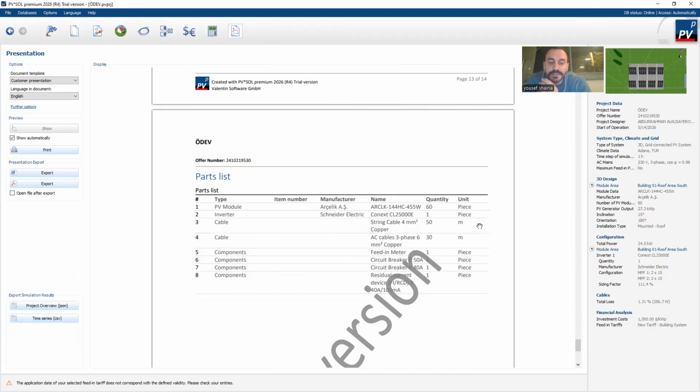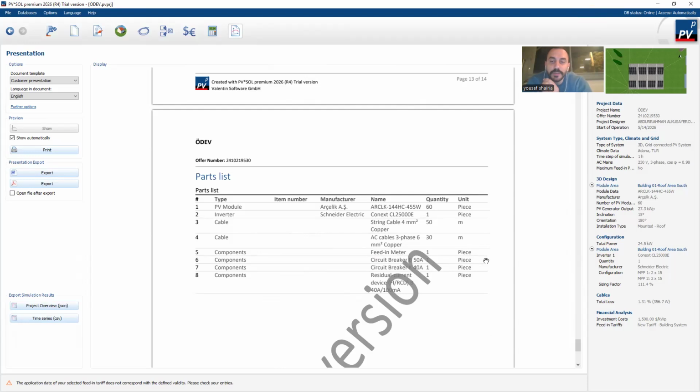This includes 60 PV modules, one Schneider inverter, 50 meters of DC string cable, 4 millimeters squared copper, 30 meters of AC three-phase cable, 6 millimeters squared, a feed-in meter, circuit breakers of 50 ampere and 40 ampere, and a residual current device rated at 40 ampere with 10 milliampere sensitivity.